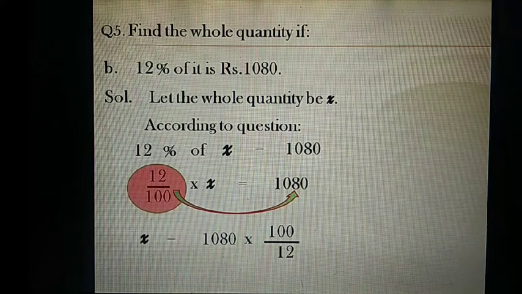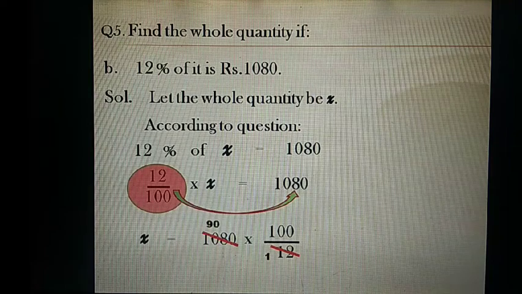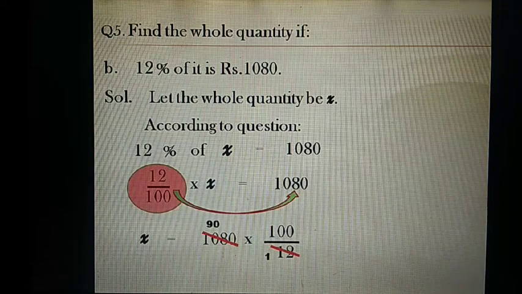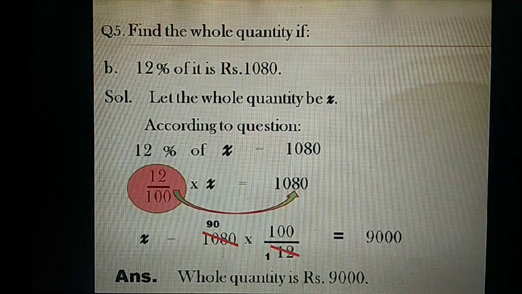Start performing the cancellation. 12 ones are 12 and 12 nineties are 1080. Multiplying the numbers, you will get 9,000 as the final answer, which means here the whole quantity is rupees 9,000.